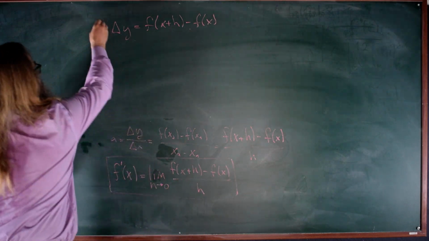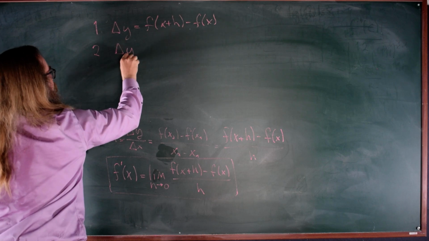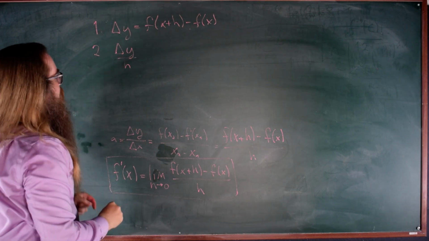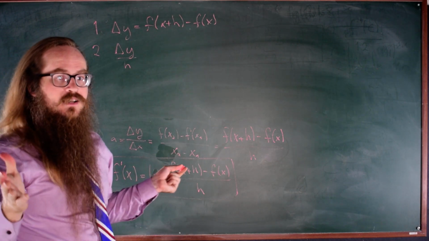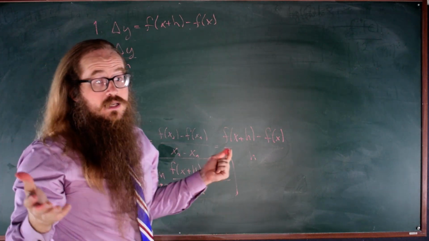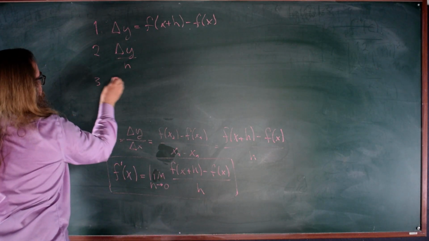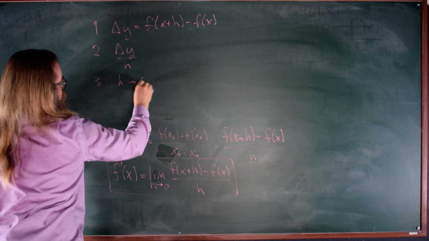So this is my first step. And then the second step is, well, I take this and I divide by the h. And then I reduce again. So after every step, I reduce my expression, rewrite it if necessary or possible. And then the third step is having h approach 0.